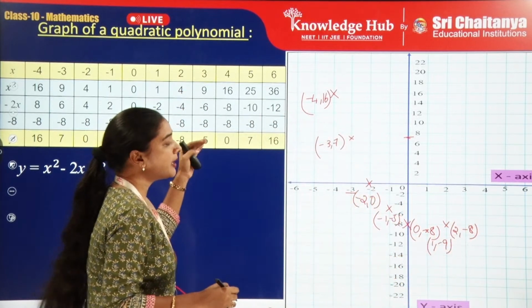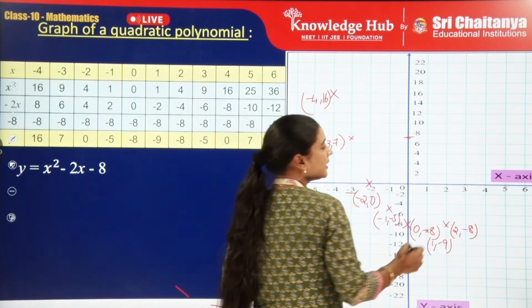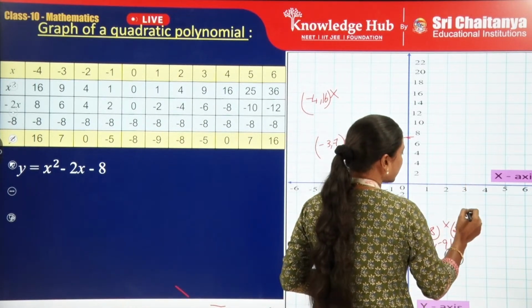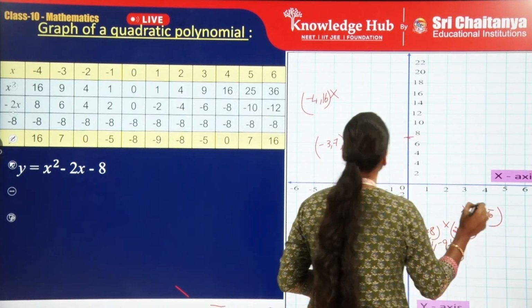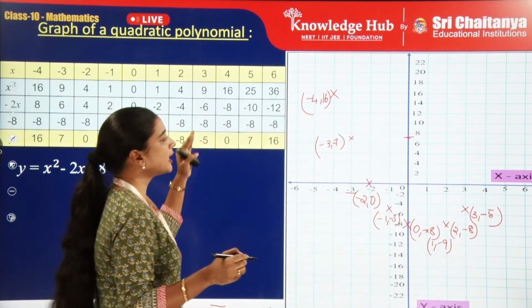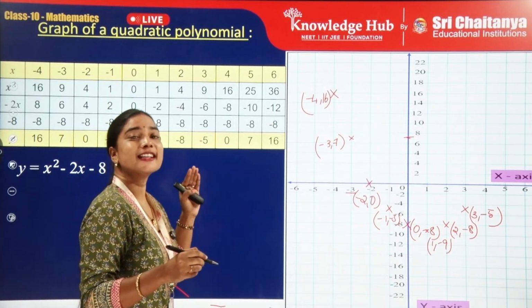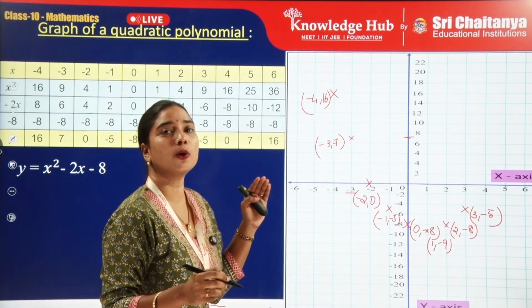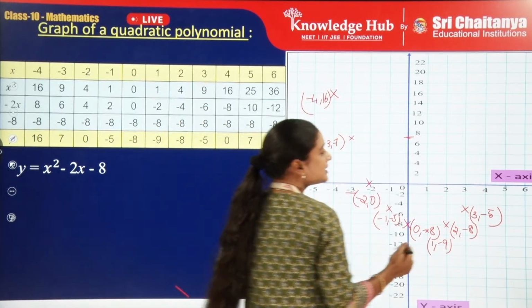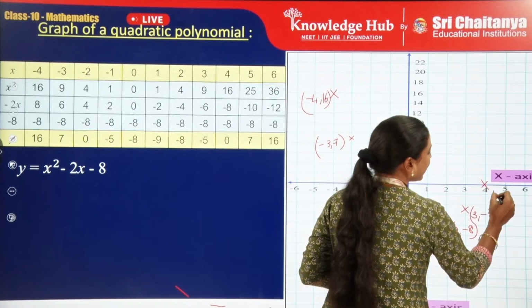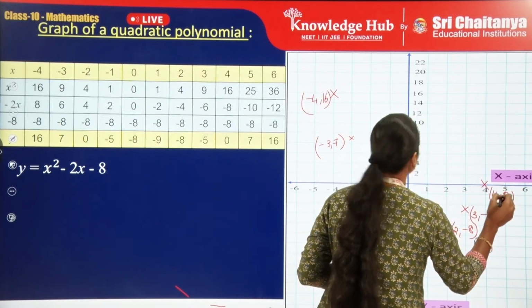And 3, -5. The x coordinate is positive, the y coordinate is negative, the point will come here, 3, -5. And 4, 0. Again the y coordinate becomes 0, the x coordinate is positive. So the point lies on the x-axis, 4, 0.